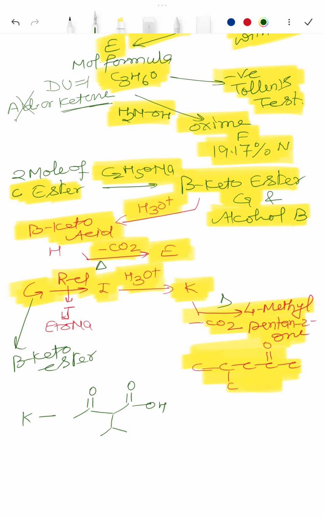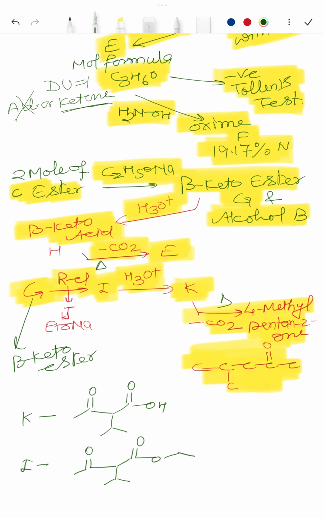Here R, what will be the R? Another type of beta keto acid may also be possible, but let's see further. So K, I when hydrolyzed. What should be I? I when hydrolyzed gives K, so that is the ester, with C double bond O and OC2H5. So this is actually I.